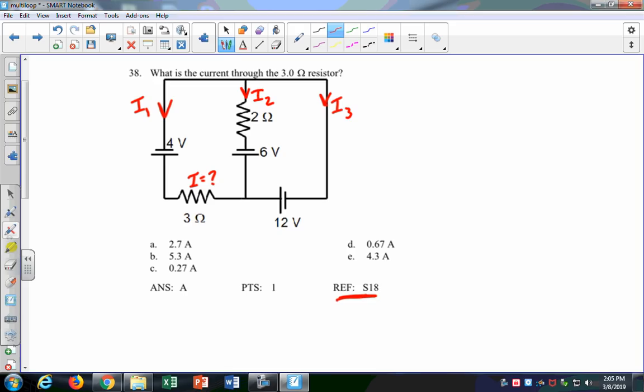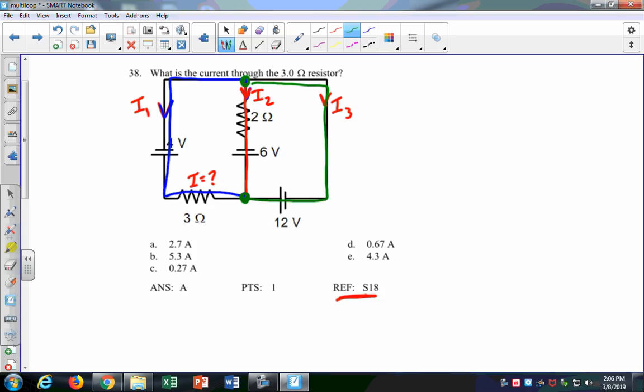Now you need to understand that I1 is only in this part. Once I come to that junction, it's no longer I1. I2 right here is only in this part of the circuit, and I3 is only in that part of the circuit. The currents always change at the junctions.